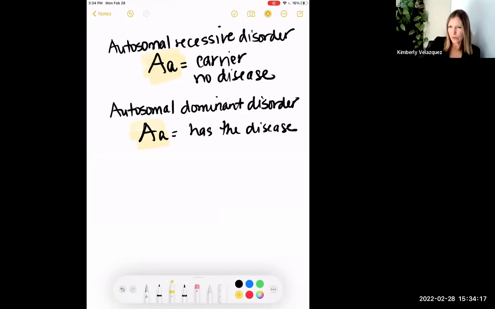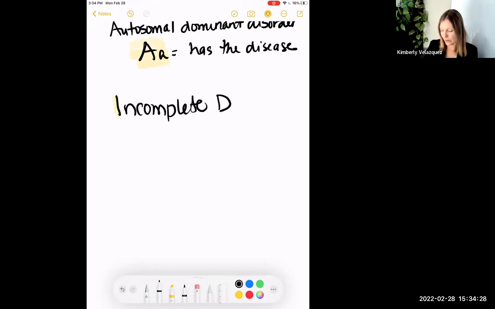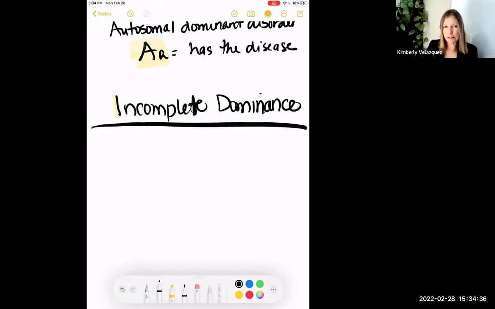Now we're going to look at something called incomplete dominance. We've talked about complete dominance. Now we're looking at incomplete dominance. So everything we've talked about so far is that pattern that's called complete dominance.